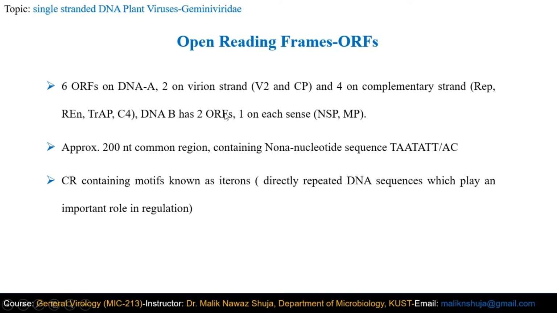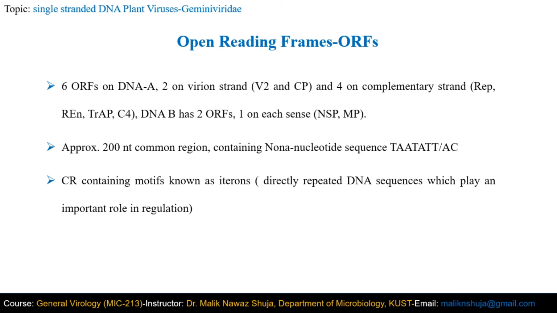Now let's talk about the open reading frames. I already gave a little explanation on the previous slide. DNA A consists of 6 open reading frames, 2 on the virion strand, known as V2 and CP, while the 4 open reading frames on the complementary strand are REP, REN, TRAP and C4.